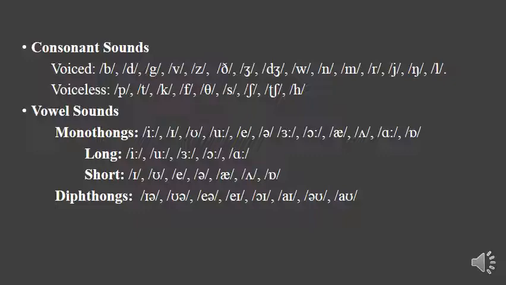Under the vowel sounds, as I explained in the previous slides, we have monophthongs and diphthongs. Also here you can see that we have 12 monophthongs and then 8 diphthongs. So in the 12 monophthongs we have long and short vowels. The long are 5 and the short ones are 7.